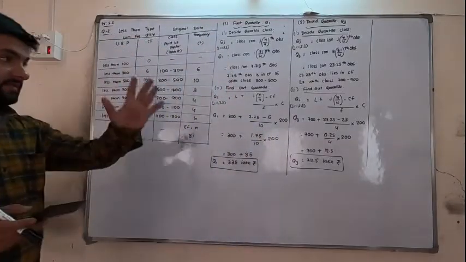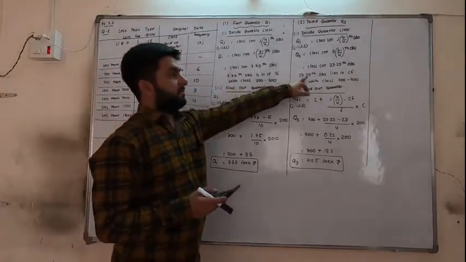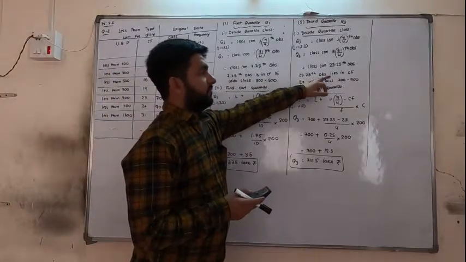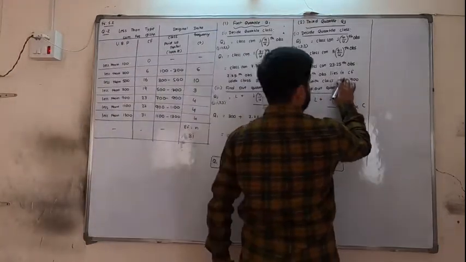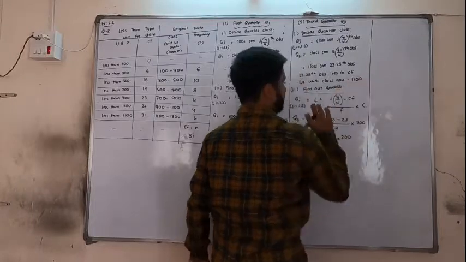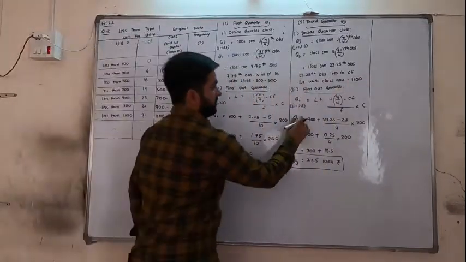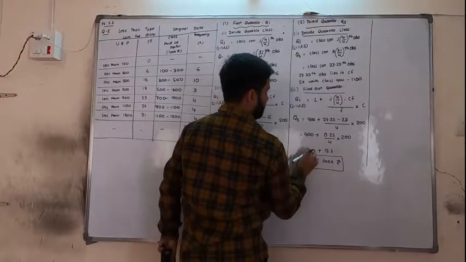Sorry, I made a mistake. My class is wrong. 23.25 lies in observation 27 with class 900 to 1100. Sorry, this is my mistake. Here also, instead of 700, it will be 900. Otherwise, the answer is correct.